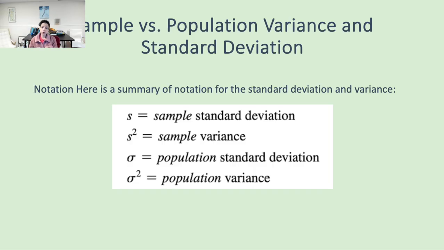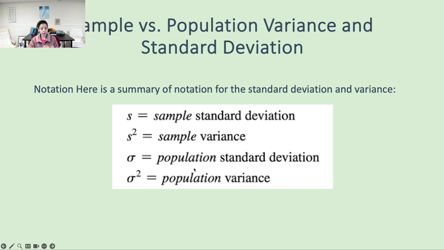If we're looking at the standard deviation of the sample, the notation is a lowercase s. For the variance, the notation is s squared. Remember, first we calculate variance using the square of the comparison of each data point to the mean, and then to get standard deviation, we just take the square root of variance.